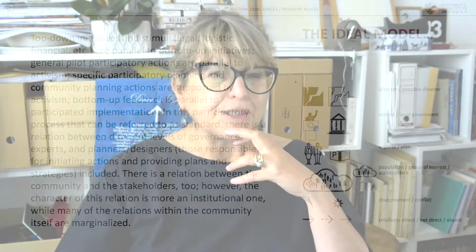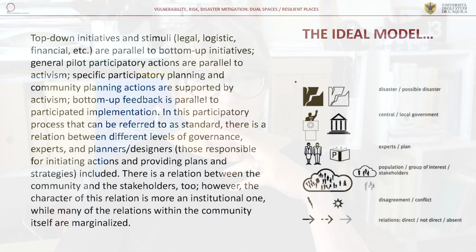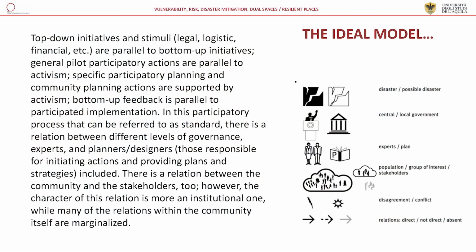So the ideal model is this: there is a possible disaster, and a central government that, together with the local government, can arise some plans that are surveyed, evaluated, and verified by experts.